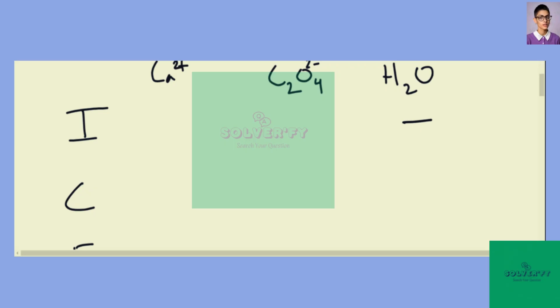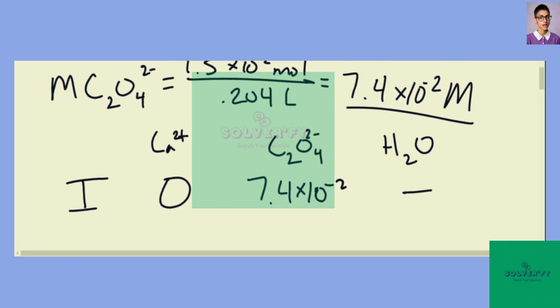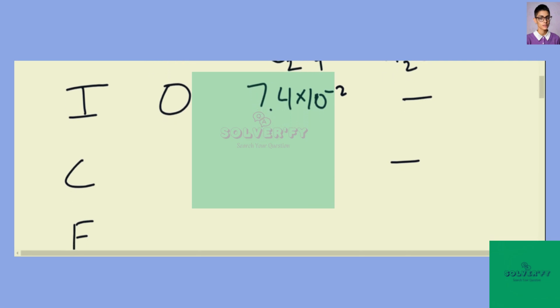So initial, there's 0 of that, it's not applicable. There's 0 of this, and then we have 7.4 times 10 to the negative 2, which is that number we found there, okay?